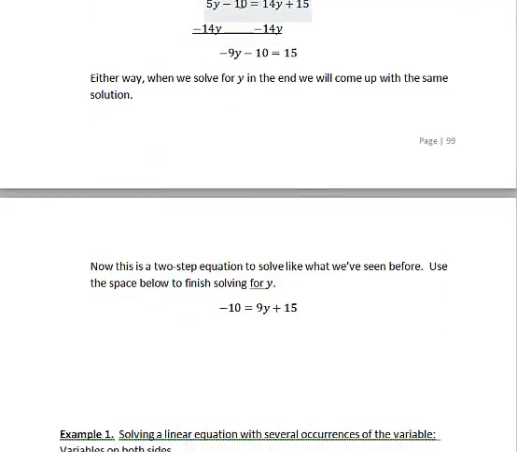This second last bit on page 99 is just showing you an alternative route you could have gone. Instead of moving the 5y over to the right, you could have moved the 14y over to the left by subtracting it from both sides.